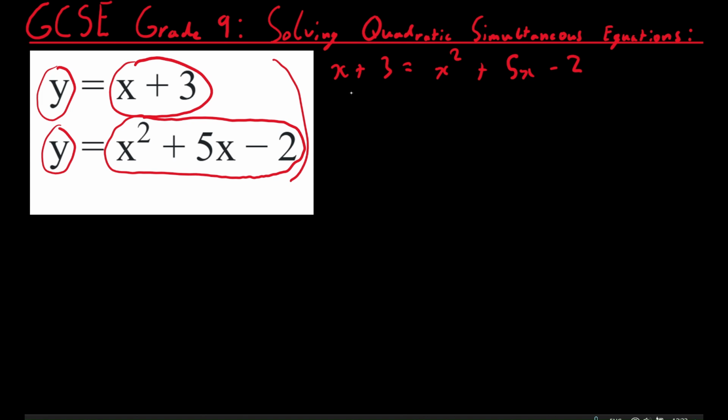And now we have to get all of the variables to one side of the equation. So let's subtract x and subtract 3. You get 0 is equal to x squared plus 4x minus 5.